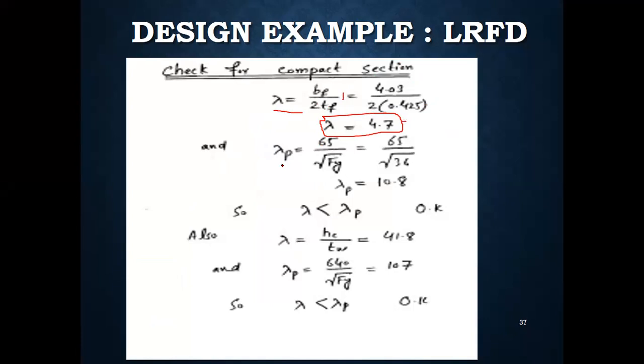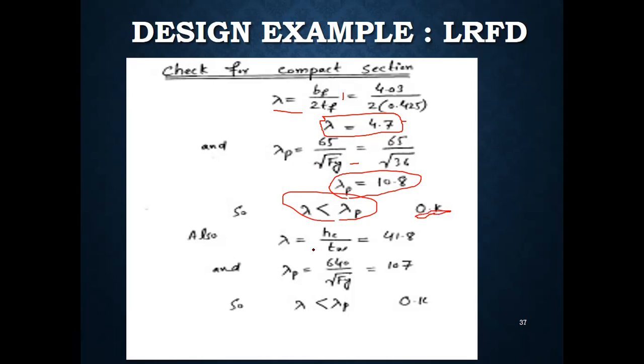The value of lambda p, the criteria against which we are going to check the compactness of the member, is 65 divided by the root of yield stress, and it comes out to be 10.8. The criteria for compactness is that lambda should be less than lambda p, and this criteria is satisfied in this case, so the flange compactness is okay.